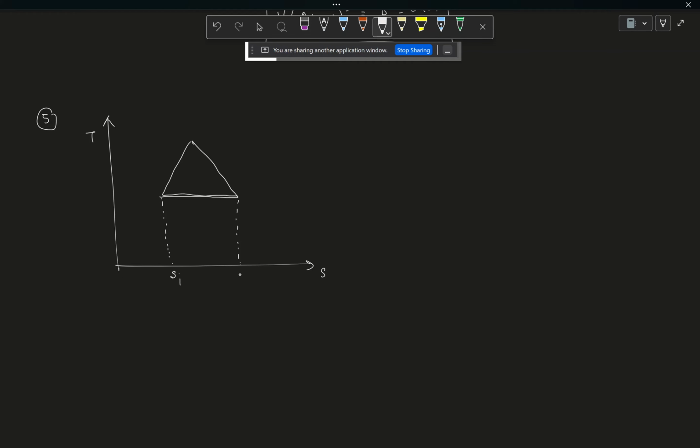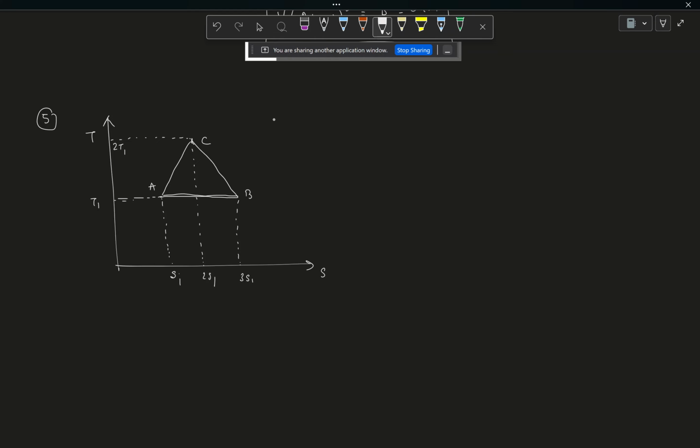This is S1 and this is 3S1, and the top point is at 2S1. Also this is your T1 and this is your 2T1. Now let us mark this triangle as ACB.